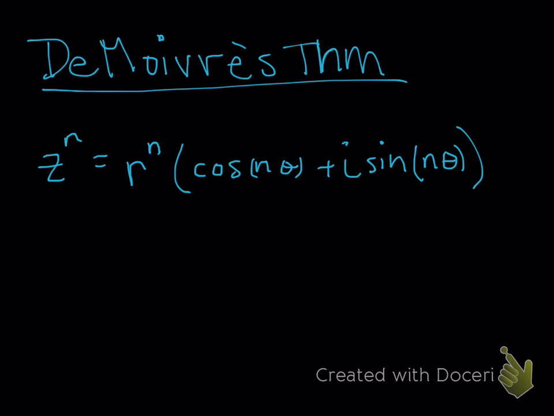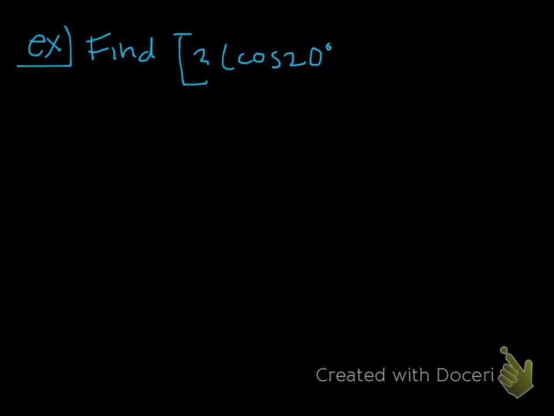So we're going to take this problem and we're going to try our first example. So for the first example, the directions say find the quantity of 2 cosine of 20 degrees plus i sine of 20 degrees.